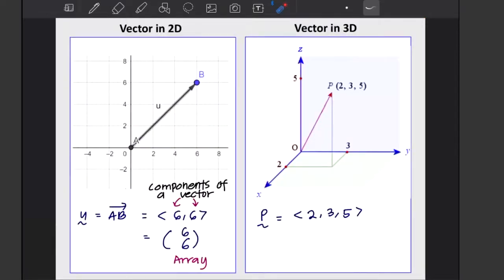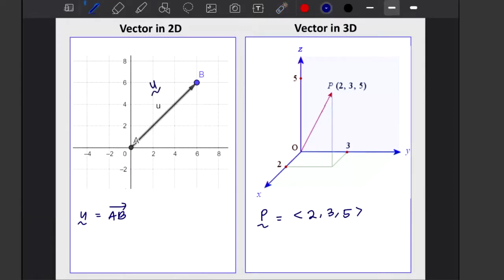This is a vector from origin to a point B. Mathematically, we can write a vector like this, or you can write it as AB with an arrow.